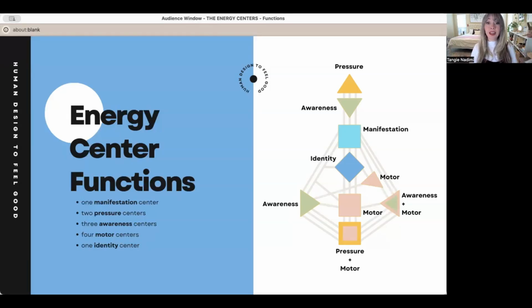So the thing to remember here is to always refer back to your own strategy and authority for the way that energy is meant naturally to move through your body, and to keep you out of these not-self themes of believing that you are supposed to be always on in all 9 centers. That isn't true for you. Strategy and authority will keep you aligned with your definition, as we call it, what's colored in your chart, and it will attract naturally what is undefined, and you'll be surprised by what manifests into your experience.